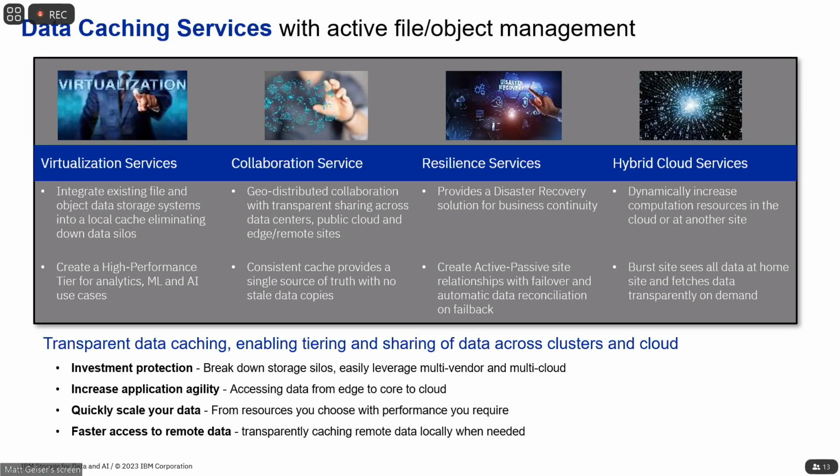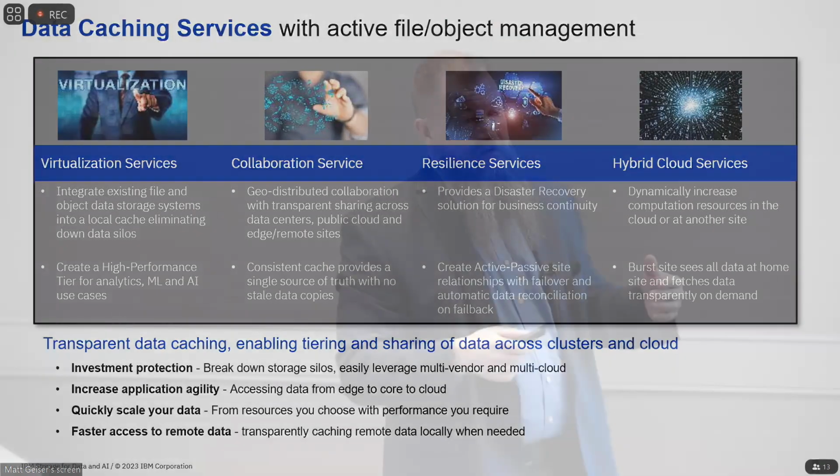The other set, I mentioned, is horizontal caching scenarios. When I think of these, I've got the remote and edge locations, I've got my core data center, and I have my public cloud. A lot of these horizontal caching scenarios typically fall into sharing the data access across those different IT infrastructure options. So a hybrid cloud option. I want to do that high performance tiering scenario that I just talked about.